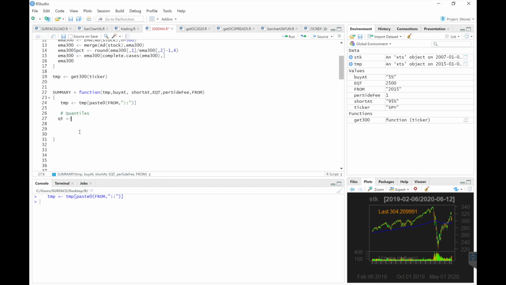Now we're going to calculate the quantiles for the percentage difference between the stock price and the EMA. So we use quantile, we use temp percentage, and for the probabilities, we'll put a sequence from 0 to 1, separated by 1%.